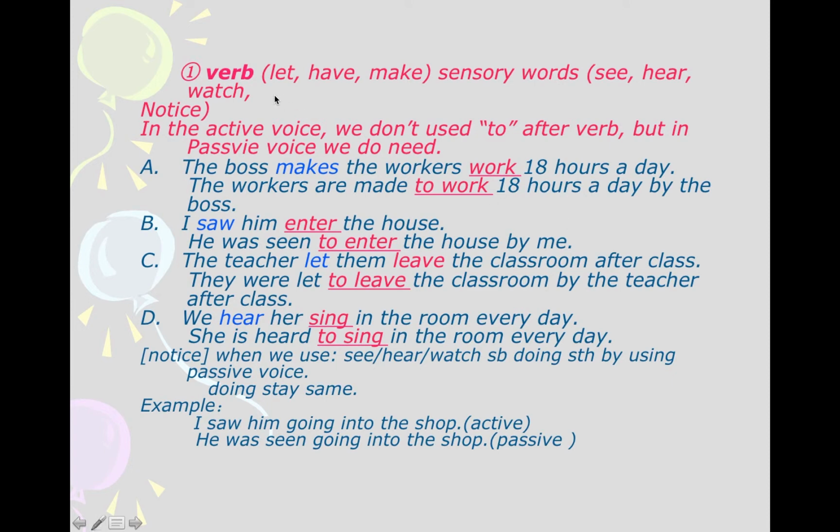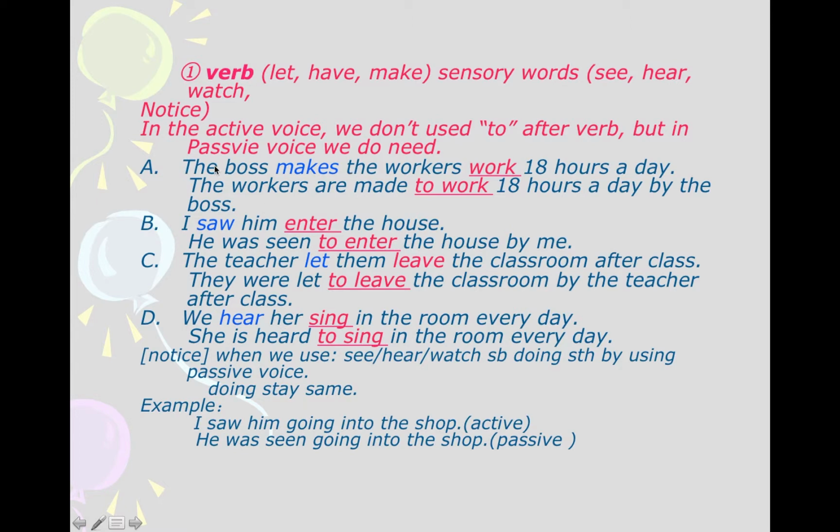Okay, so sometimes we have a verb like have, make, and then sensory words like see, hear, watch, notice. In active voice, we don't use "to" after the verb, but in passive voice, we do need it. So for example here, the boss makes the workers work 18 hours a day.